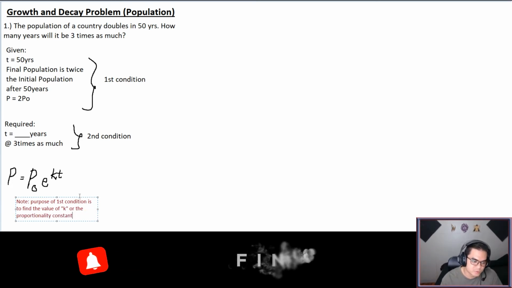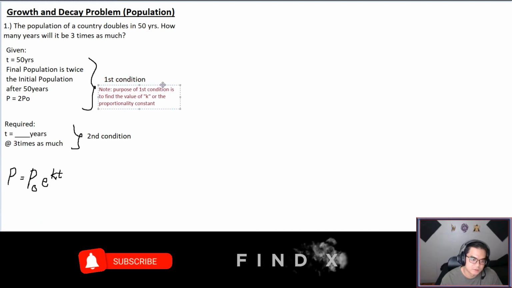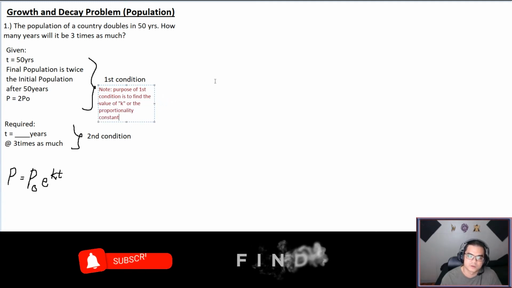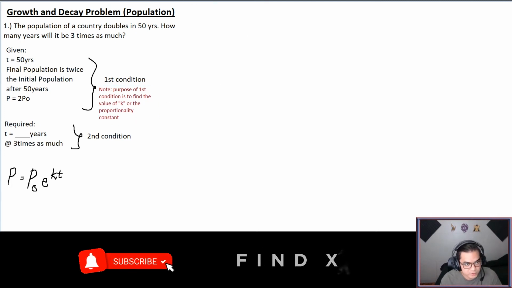This is usually the purpose of the first condition, just to find the proportionality constant. So we have to use the first condition to get the proportionality constant.